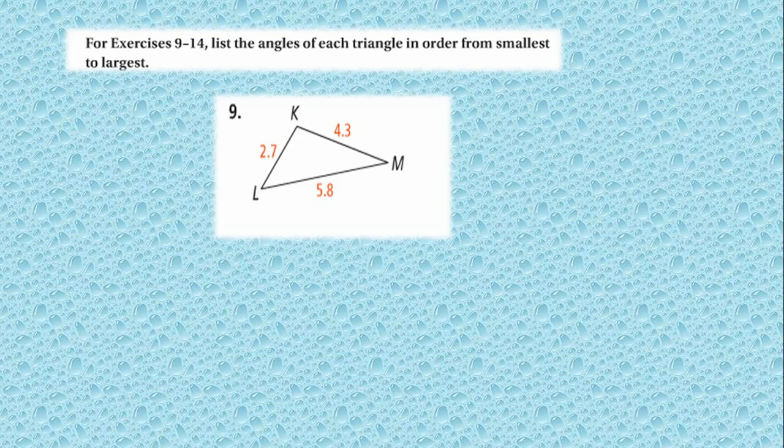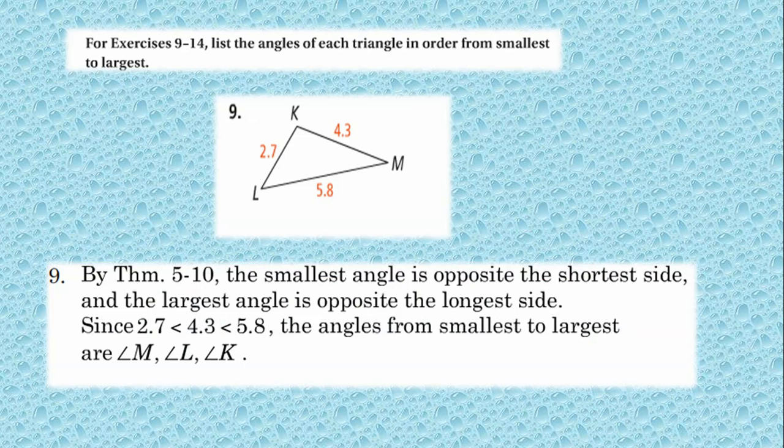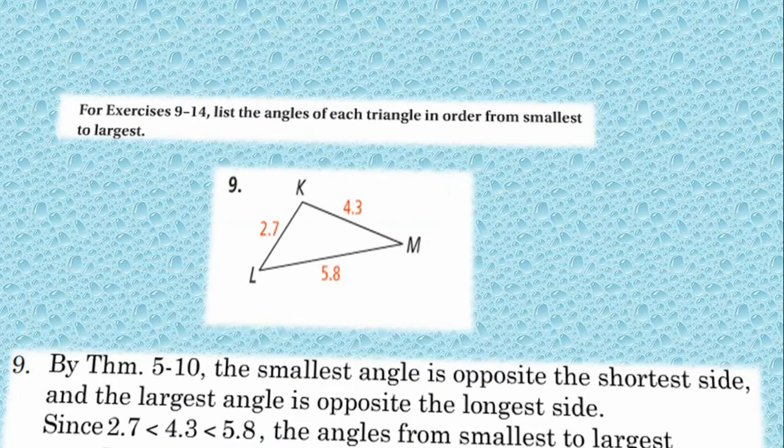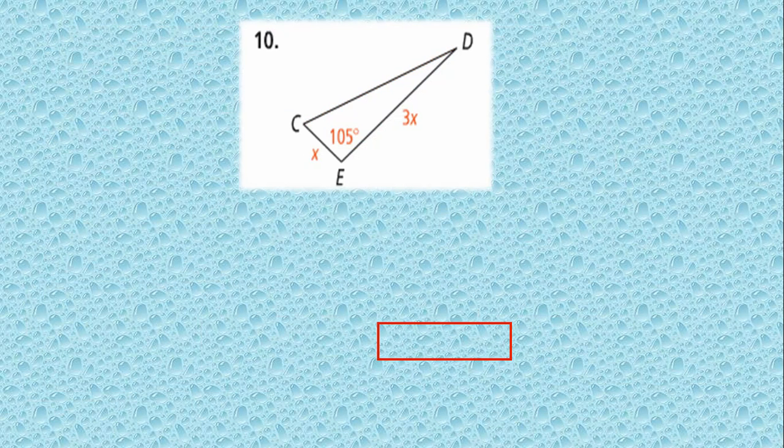Next, the smaller one, 4.3, and the opposite angle is L. Then the order is angle M, then L, then of course K.